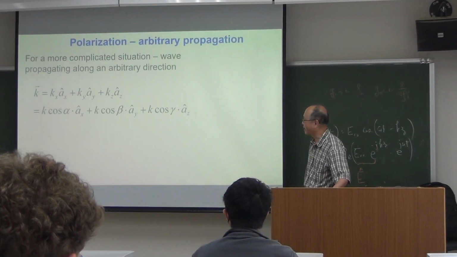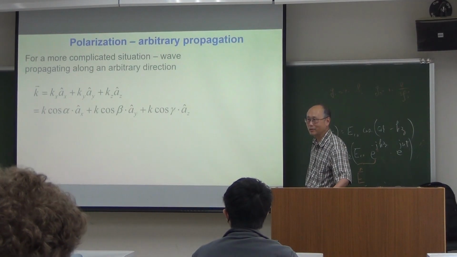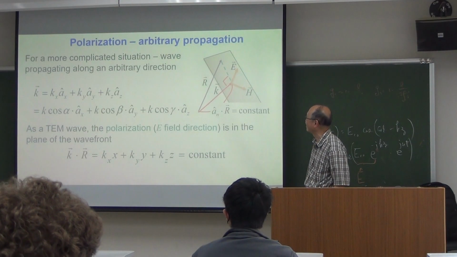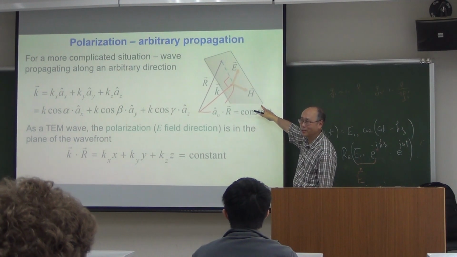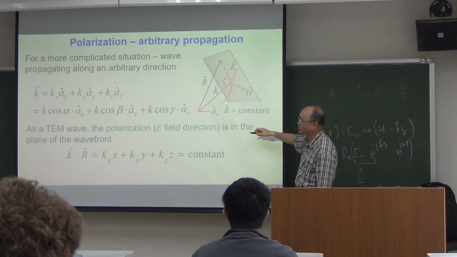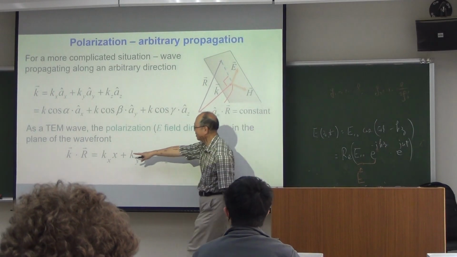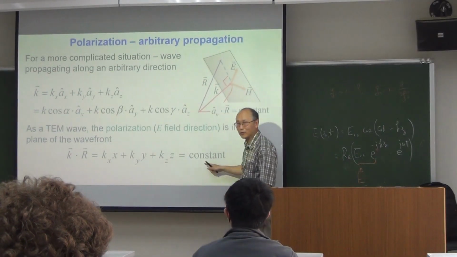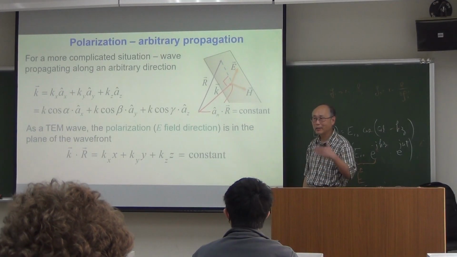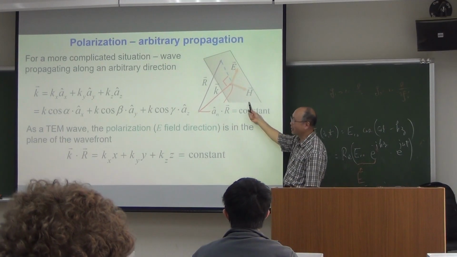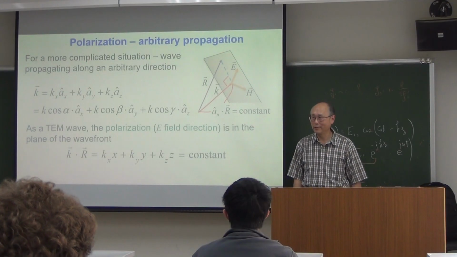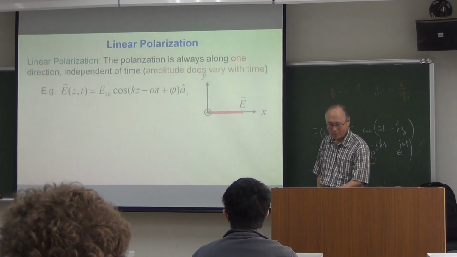So alpha, beta, gamma with the cosine, we call those direction cosines, right? So we have this construction, and in the x, y, z coordinate system, this condition, the wavefront equal to a constant, will define the wavefront as a plane. So we call this a plane wave. Okay? And then we simplify it.